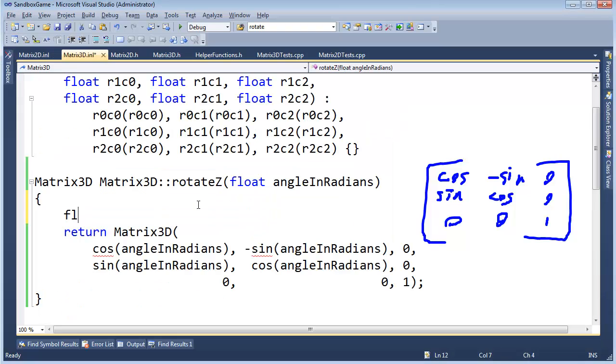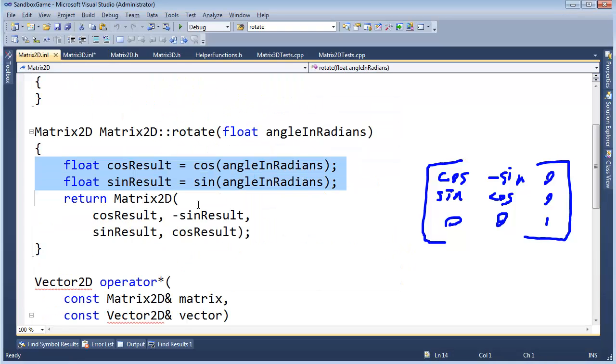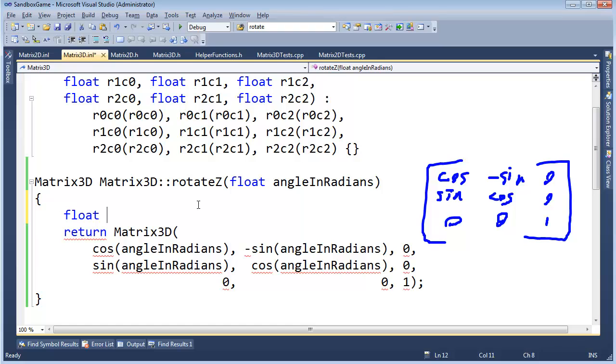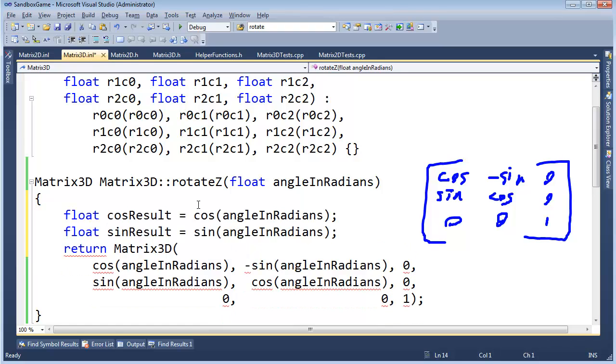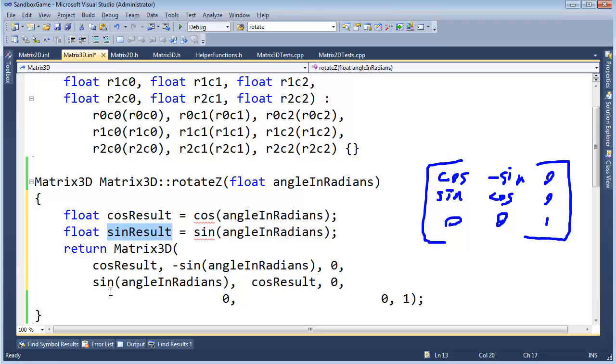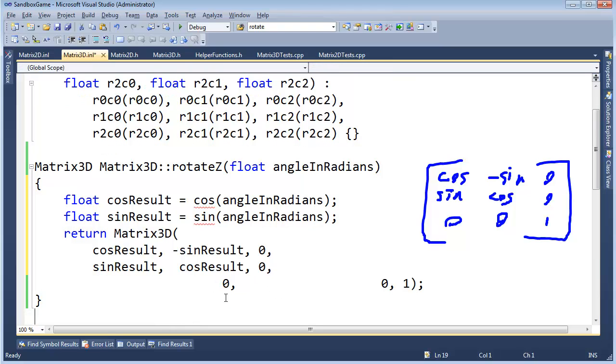So float. Oh, heck, why not? Copy. Paste. Oh, I feel like such a hypocrite. That's probably because I am. Cosine result. Cosine result. Sine result. Sine result. And that just messed up a lot of my formatting.